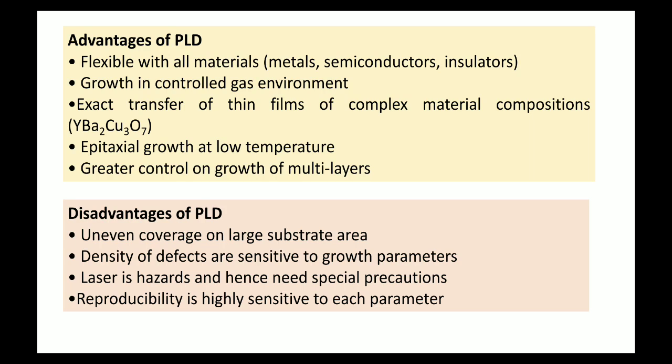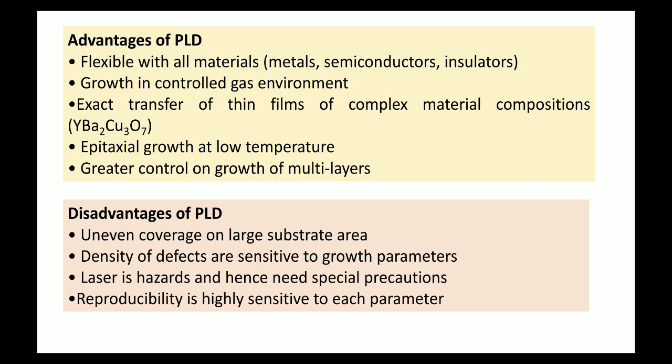As the plasma plume has a small area, after a particular area of the substrate, you will get a gradient of the thin film. Gradient means you will get a thin film with different thicknesses as you move from the center of the substrate to the end of the substrate.